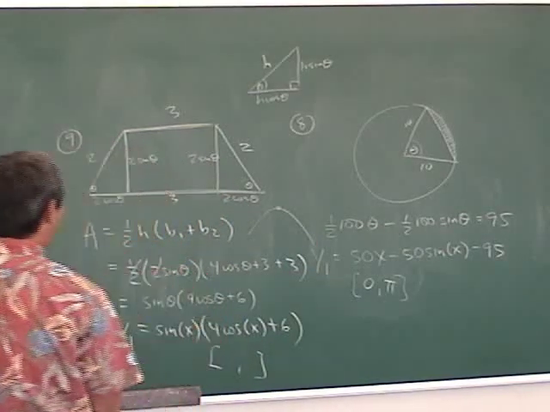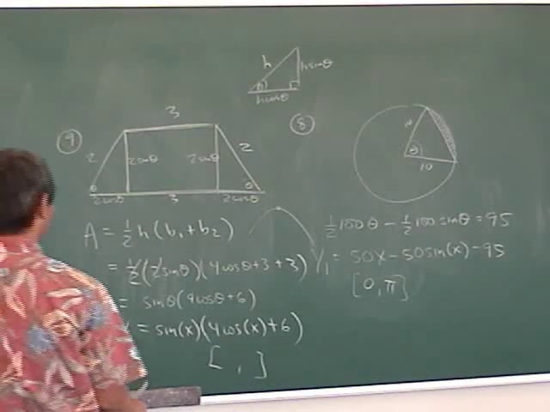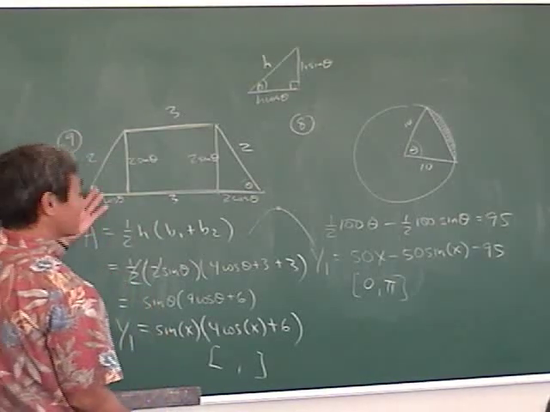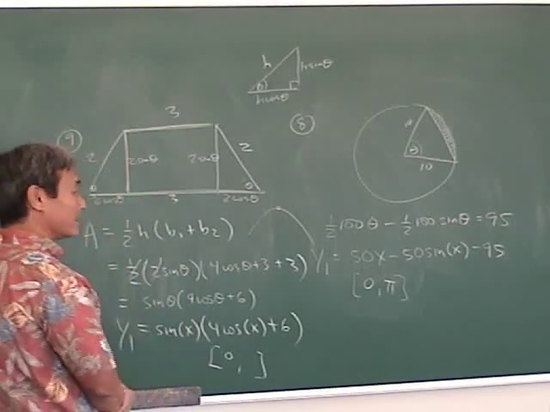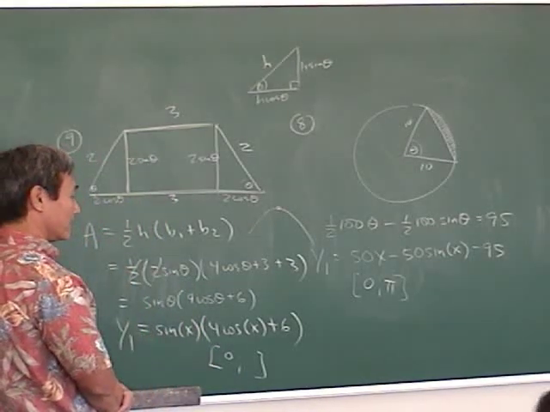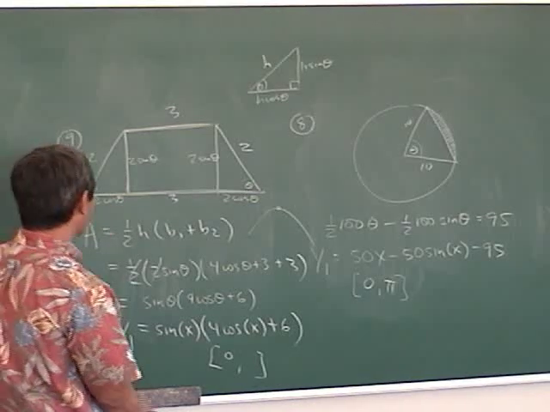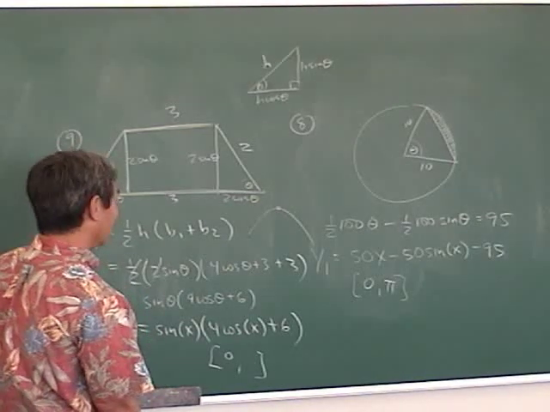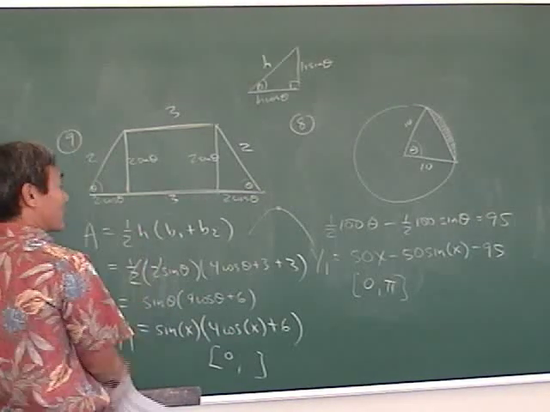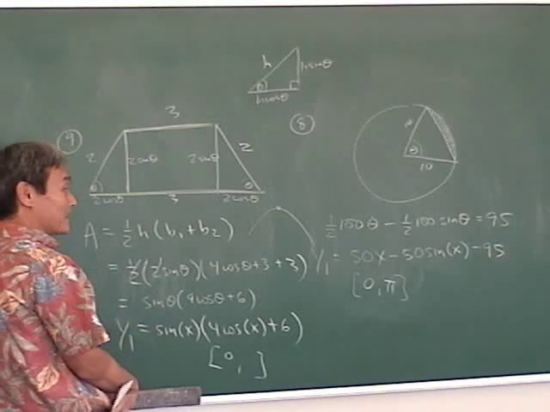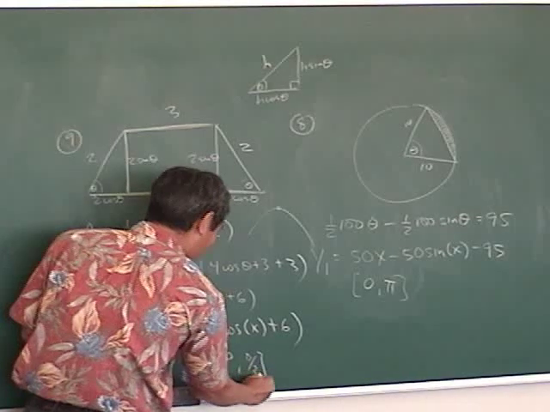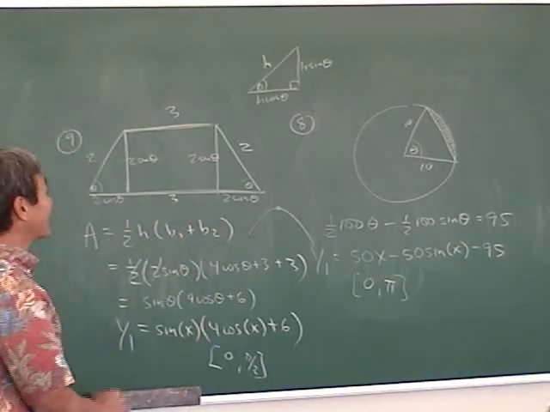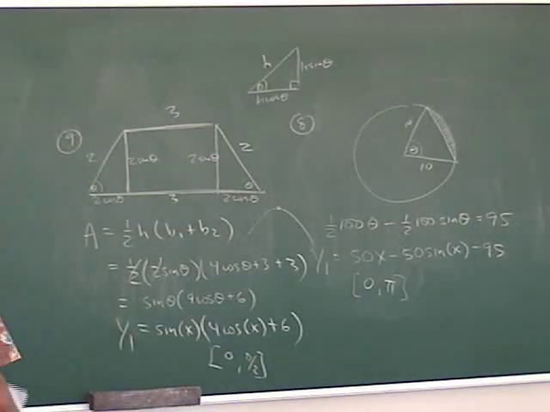You're going to set the window! What's my window? Obviously, theta is positive, so it's got to be bigger than 0. What's the biggest this angle can be? Look at the picture. Here is an angle in a right triangle that's not the right angle. What's the biggest it can be? It can't be bigger than 90 degrees, so pi over 2. Then I guarantee you can see the hump.